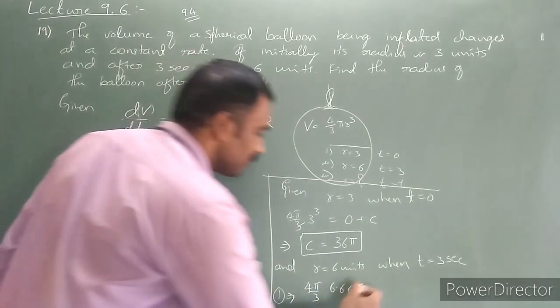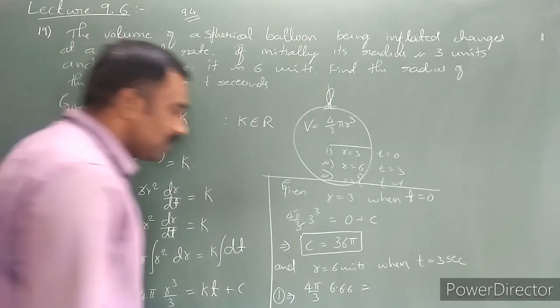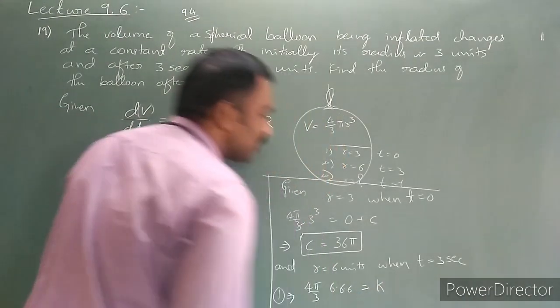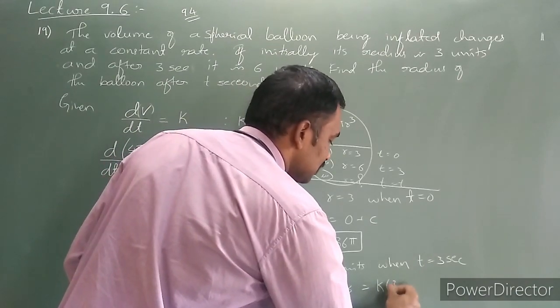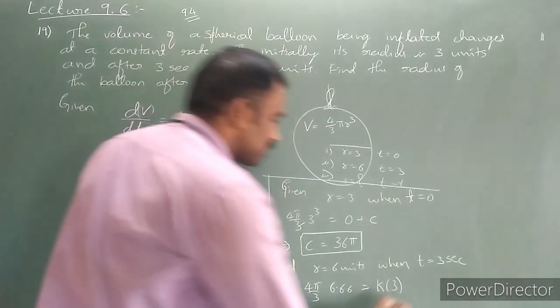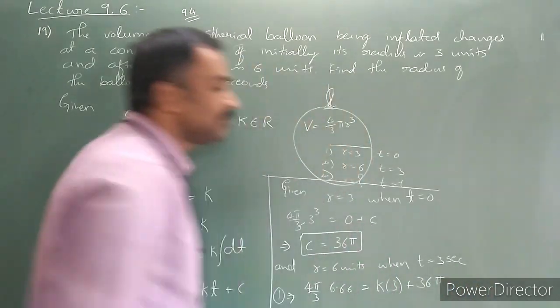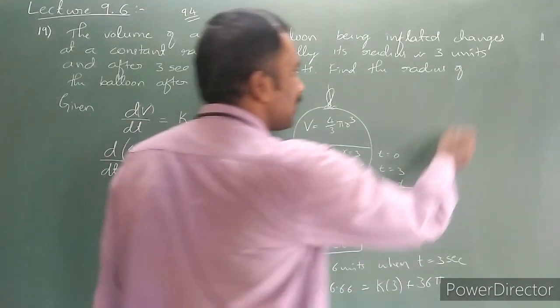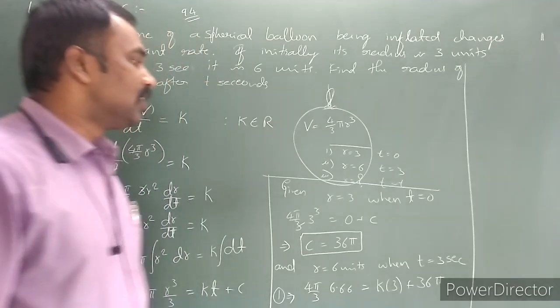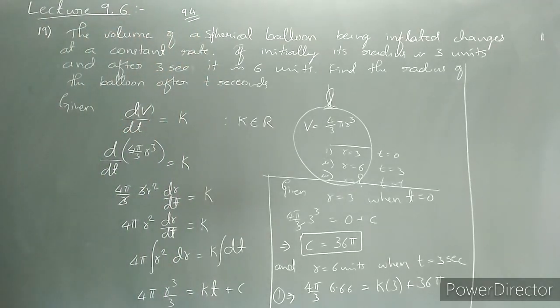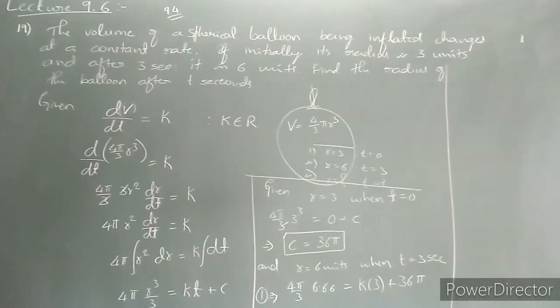Is equal to k, the value we don't know. That one only we are going to find. It is t value 3 plus c value. Replace the c value, 36 times pi. Again simplifying, what do we get on simplifying?